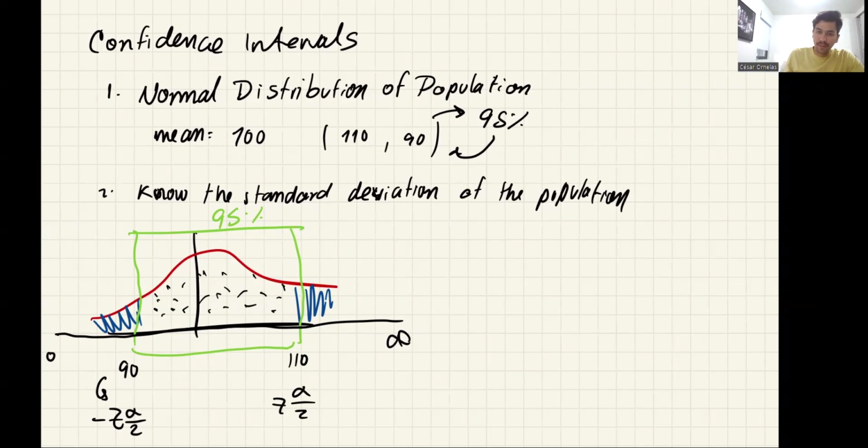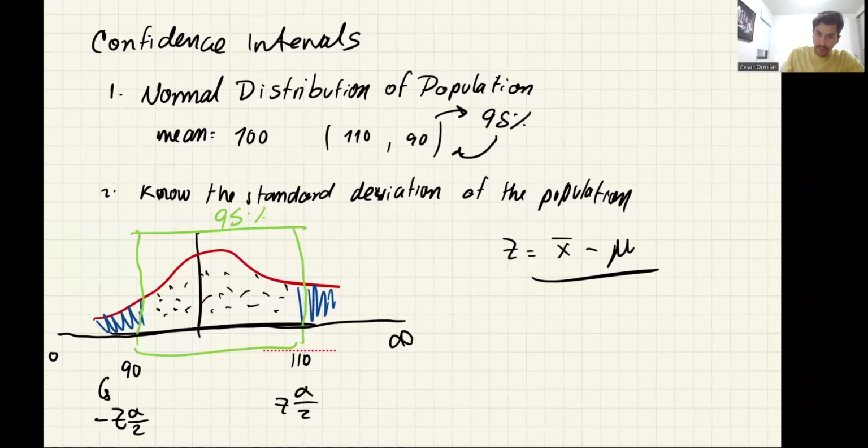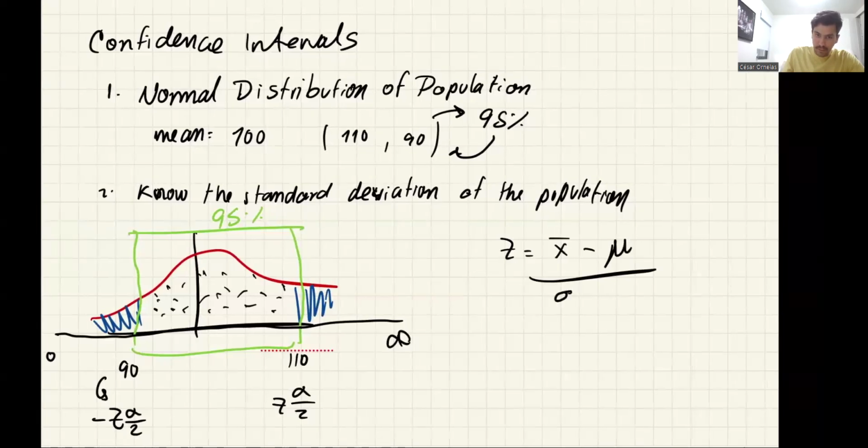So first, to know zeta, we need this formula: the mean minus the average of the population, divided by the standard deviation over the square root of n.